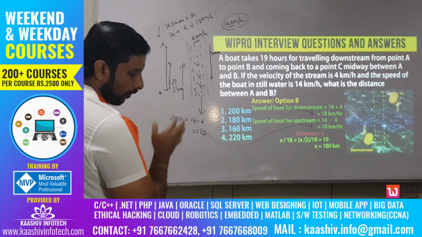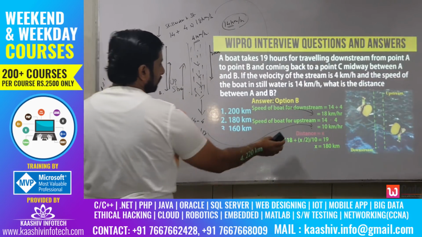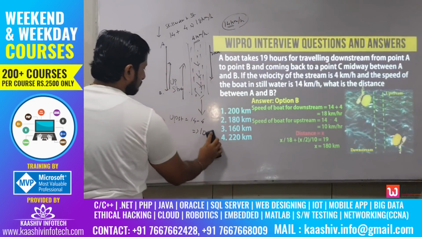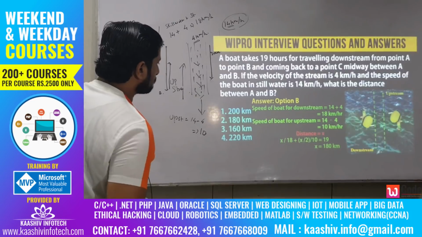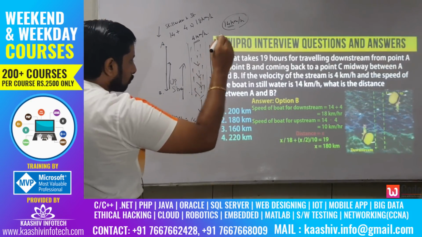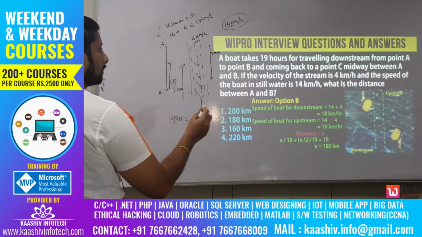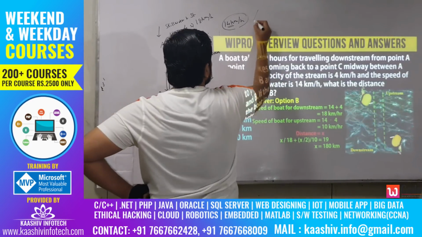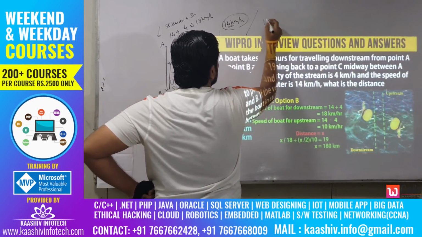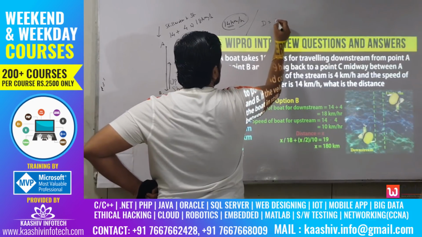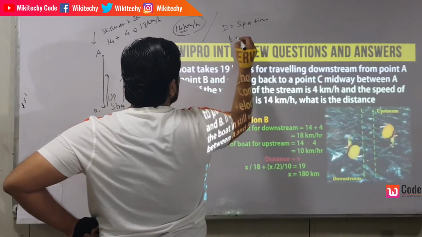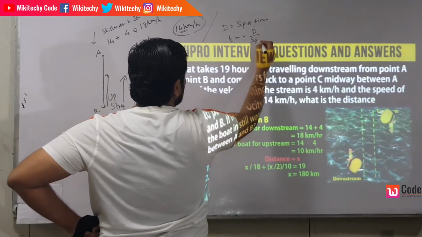Okay, now I found the upstream and downstream speeds. So what is the next one? The total time the boat takes is 19 hours. So distance is equal to speed into time, so time is equal to distance divided by speed.